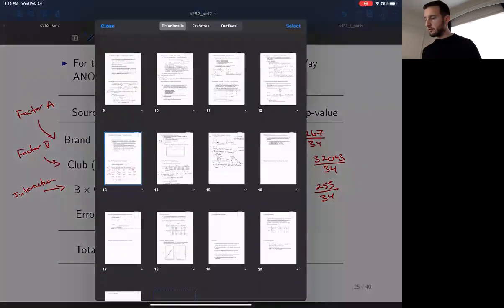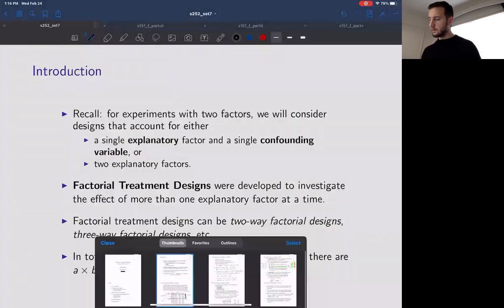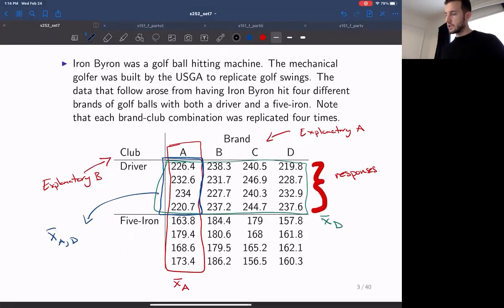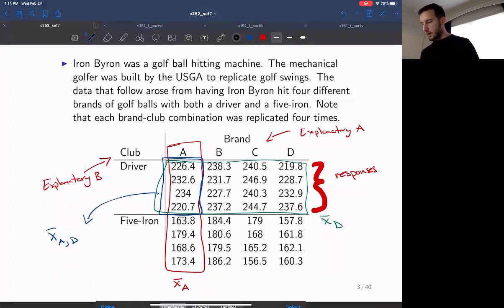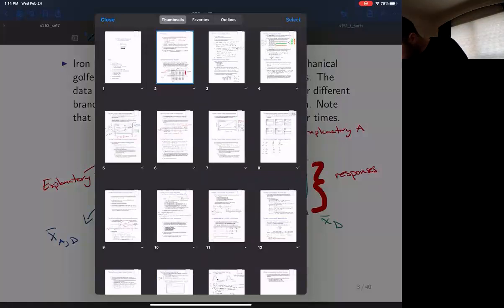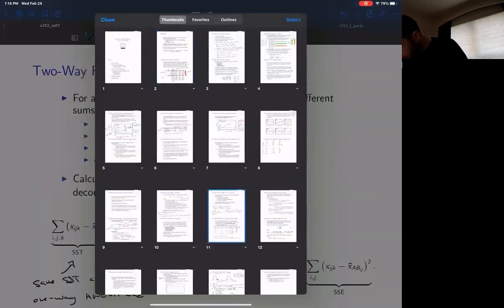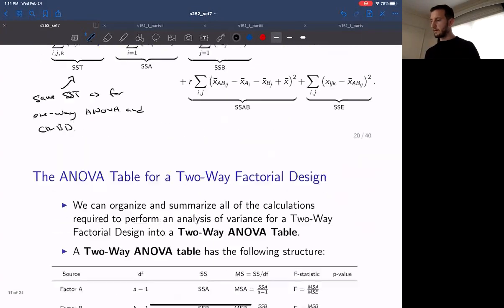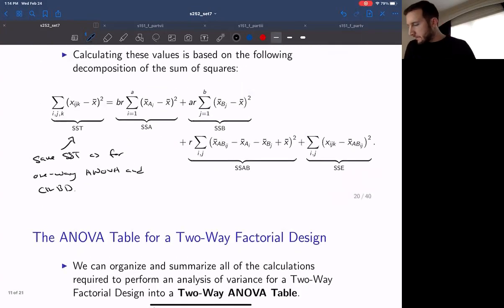So in this illustration, little r is equal to 4 because at each combination, we have 4 different measurements. So the formula that you are talking about would be a formula to compute degrees of freedom, I think, for the error term, and it would make use of each of those values. Well, I guess it would be in the sum of squares. Does that help?